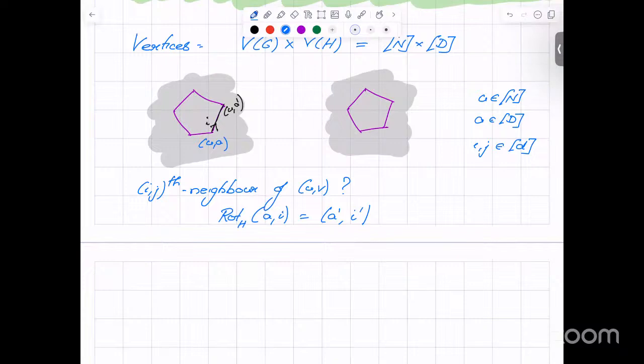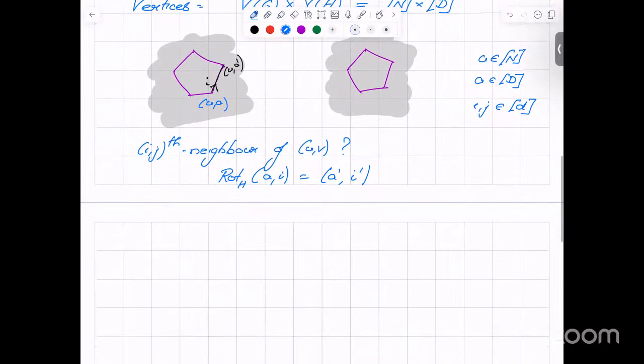Then we are at (u, a'). We take the a'th neighbor of u in the graph G. So that's the next step. The next step is rot G of (u, a'). Let that be (v, b'). So we take that giant step, we go to (v, b').